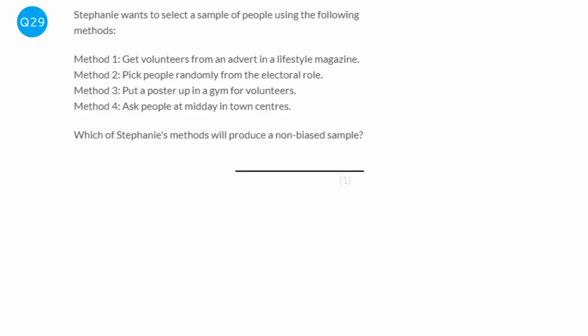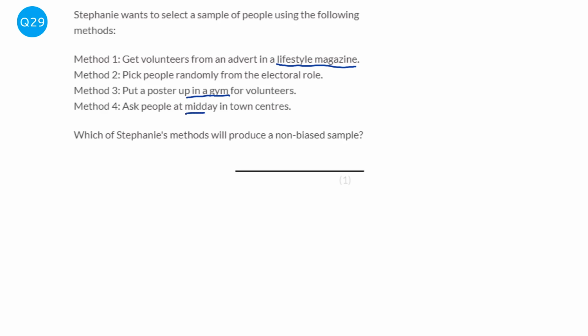When finding a sample of people, you want everyone in the population to have an equal chance of being picked. So in method 1, the fact it's in a lifestyle magazine might bias the people reading it, because there's groups of people that don't read lifestyle magazines. A poster up in the gym, again, there's groups of people who don't go to the gym.